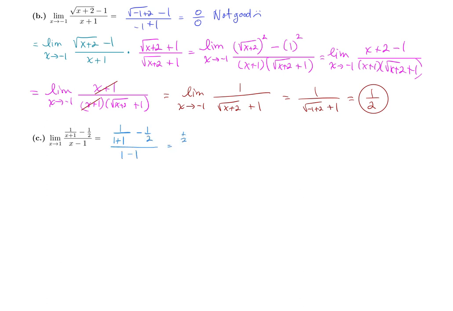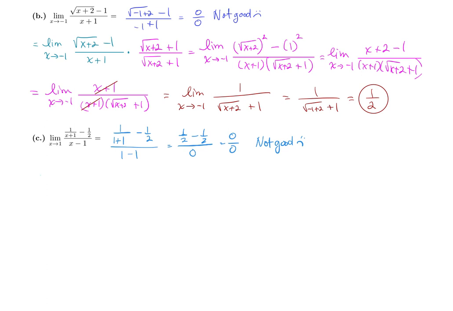So we get 1/2 minus 1/2 over 0, so we get 0 over 0. Once again, not good, sad face. So we have to come up with another method to solve this problem.